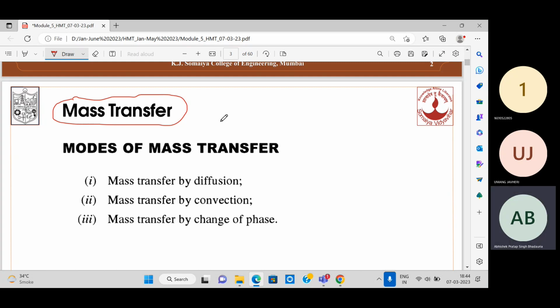Now there are different examples of mass transfer.